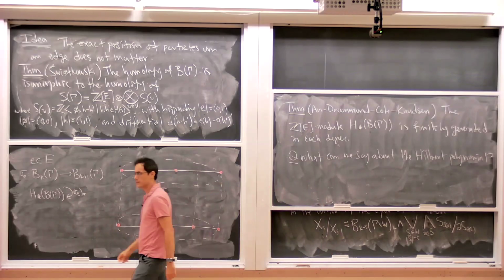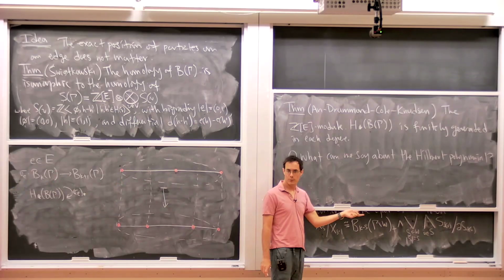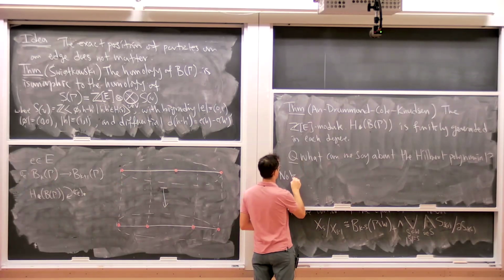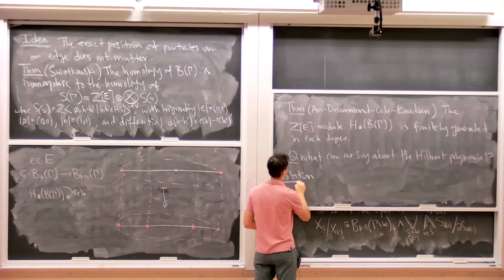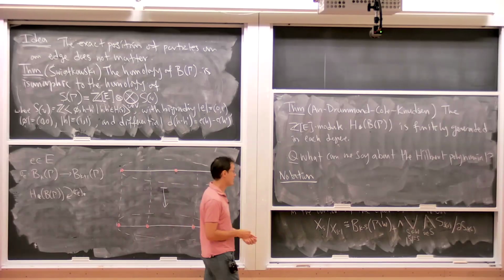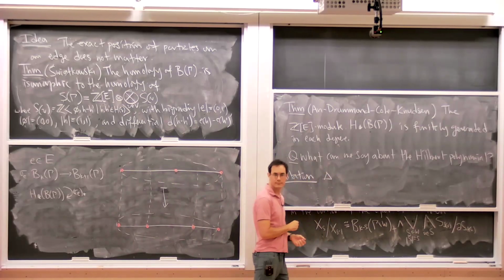Do I want to try to put this on this board at the bottom? Sure. So I'm going to give you a theorem about the Hilbert polynomial right now. In order to do that, I need a piece of notation, which is a graph invariant. The graph invariant is called delta.